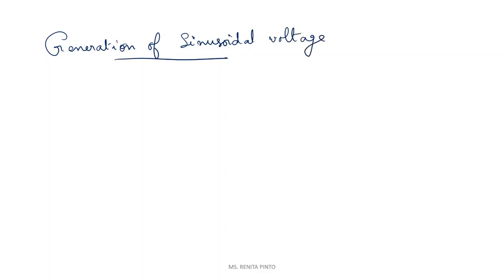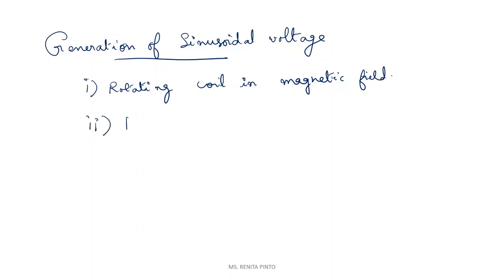You can generate the sinusoidal voltage either by rotating the coil in the magnetic field, or you can rotate the magnetic field within the stationary coil.